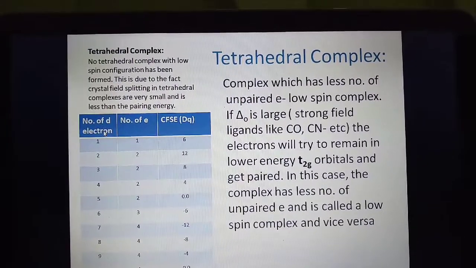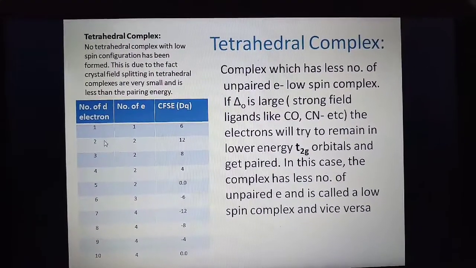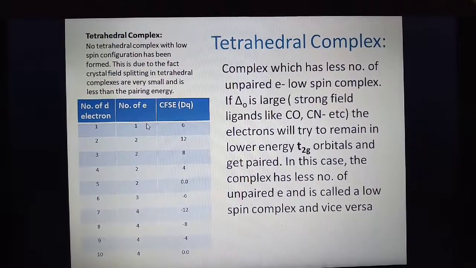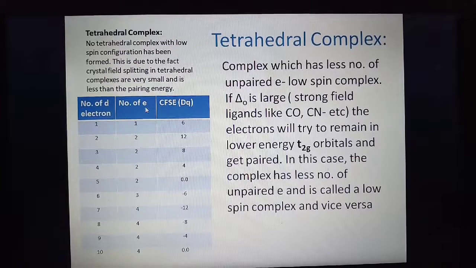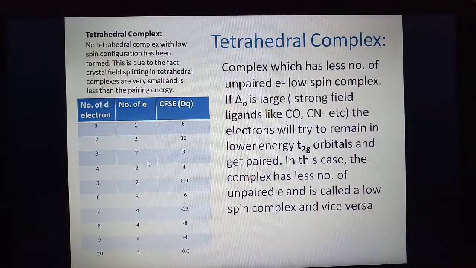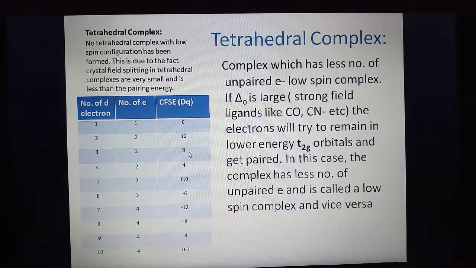Now the number of d electrons in the metal ion rises from 1 to 10, and the number of electrons there on the E orbital, we cannot call it EG level, we just call it E level. If it is here, the CFSE would be of this value.